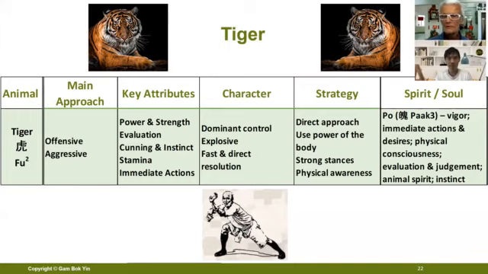As you would expect for someone with great power and strength and domination, it's able to do all that. And you will come across these sort of people as well, as I mentioned before, in real life. So the character of the tiger is it's very dominating and can control situations.